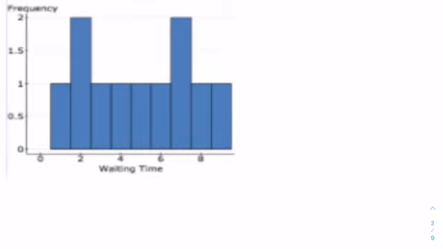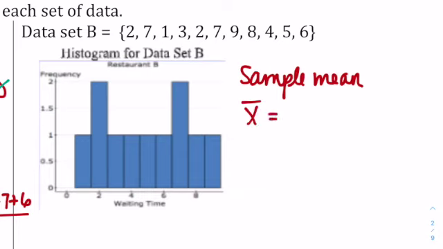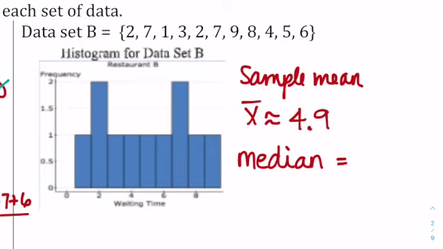The answer for data set B is that the sample mean is going to be around 4.9, and the median is equal to 5. Please show your work. I'll be looking for it.